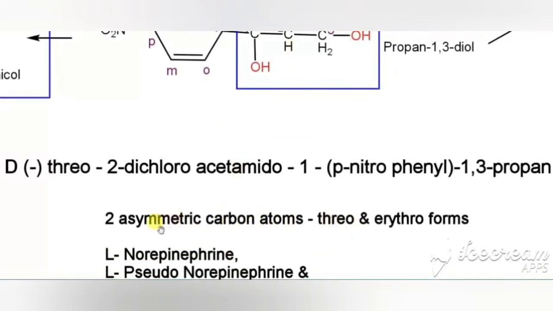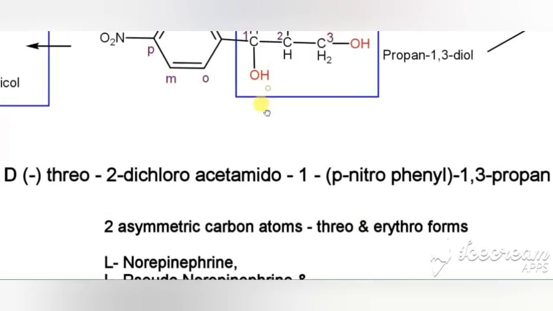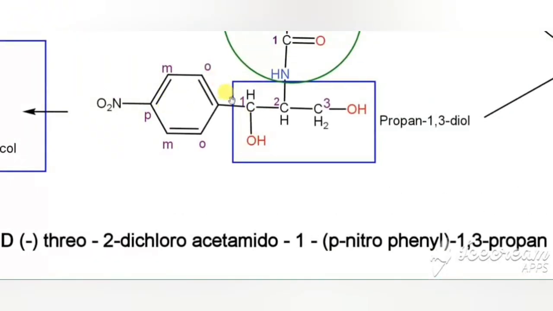If you get 2 chiral carbons, it can be in the threo form or erythro form. So now we have to tell whether it is erythro or threo. What is meant by erythro? Similar groups attached on the same side is called erythro, and similar groups attached on the opposite side is called threo. Here it has 2 hydrogens, so these 2 are similar groups.